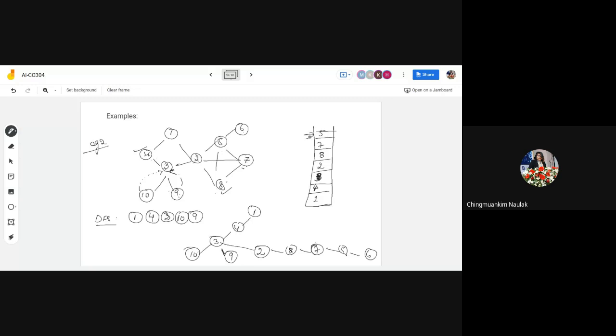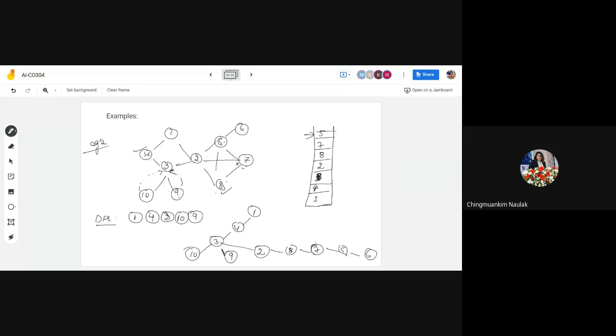Okay, and now check for 5. Okay, what are the adjacent nodes of 5? You have 6, 2 and 7, right? Adjacent nodes of 5 are 6, 2 and 7. And look at your graph, your spanning tree. 5 is connected to 6, right? And also 7.